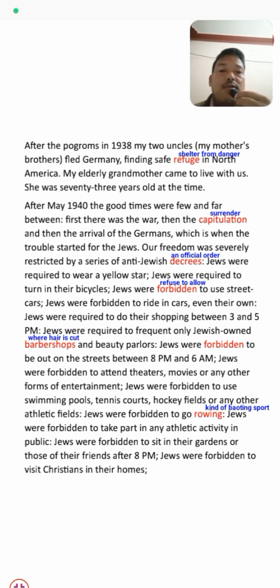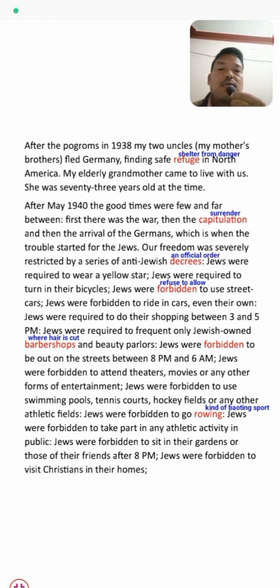Our freedom was severely restricted by a series of anti-Jewish decrees, which were official orders. Yes, students, they were not free, and their freedom was totally restricted by many restrictions from the anti-Jewish decrees.